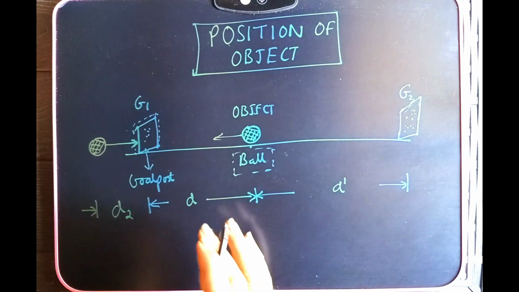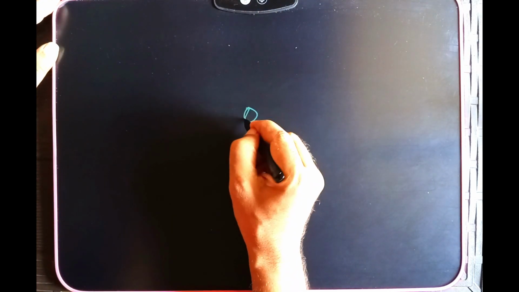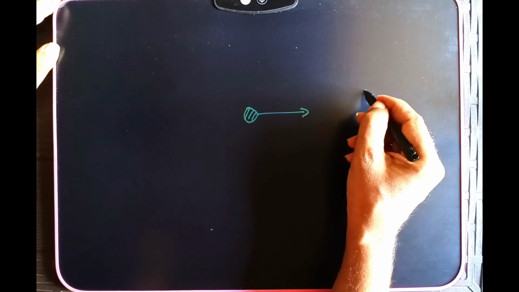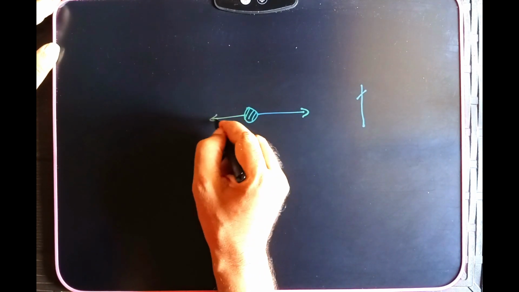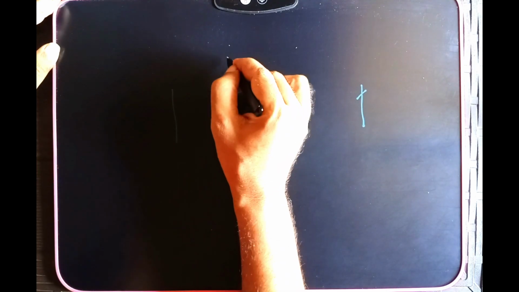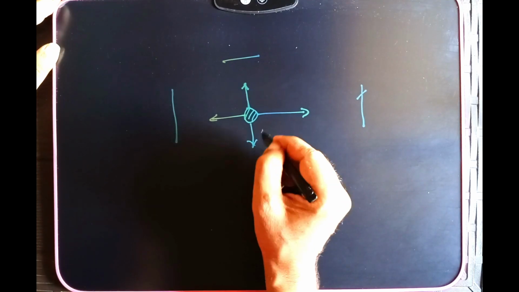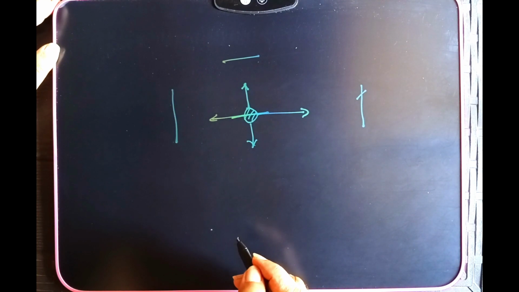Okay. So I'll clear this. So now the position of the ball can be either on the right side with respect to some reference, or it can be on the left side with respect to some reference, or it can be top or down with respect to the ground at the reference, right?